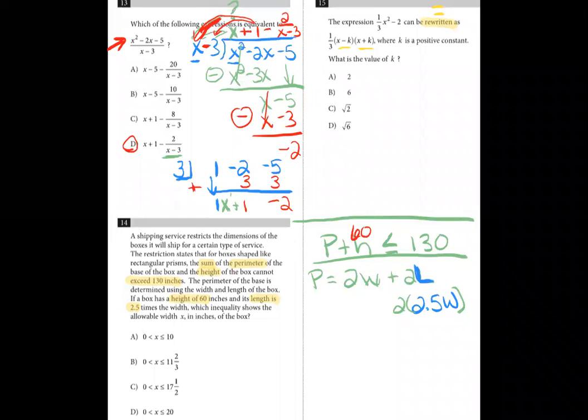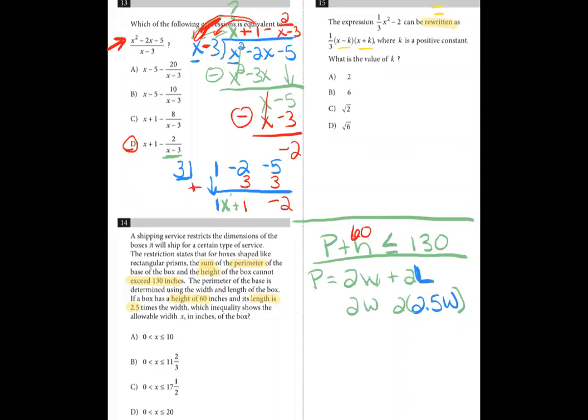Okay, so if I simplify this, the perimeter is going to be 2 widths plus 5 widths, gives me 7 widths. And which inequality shows the allowable width in inches of the box?